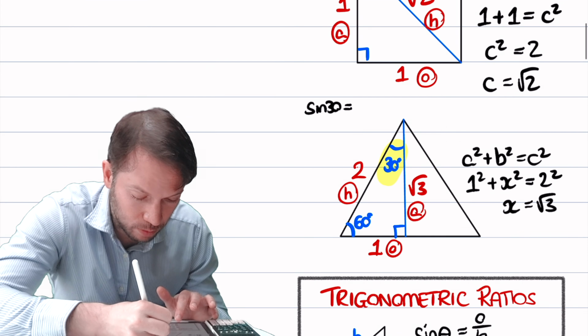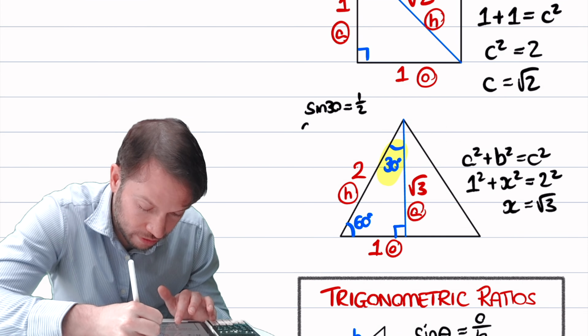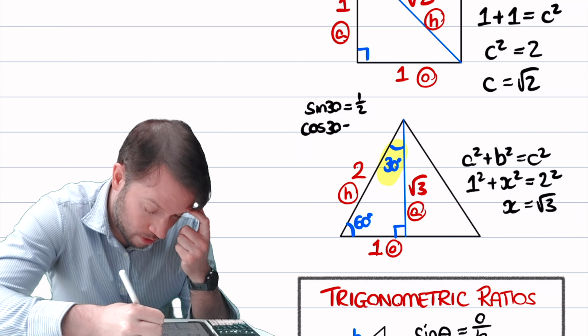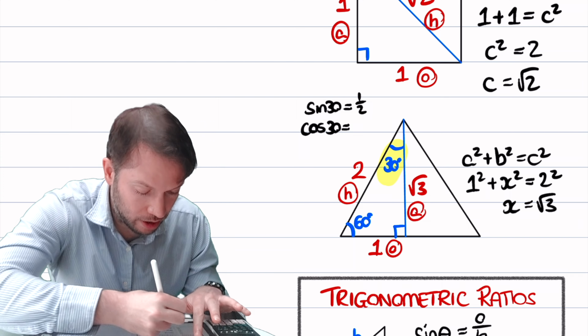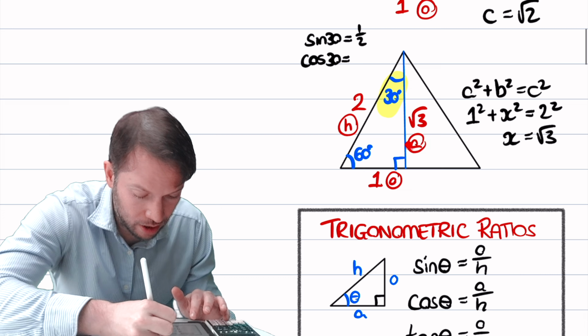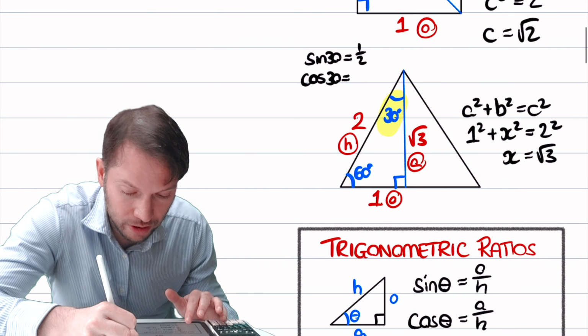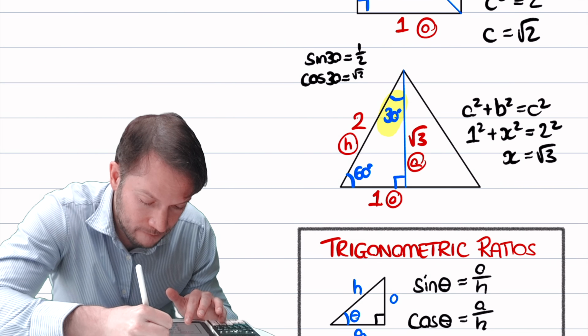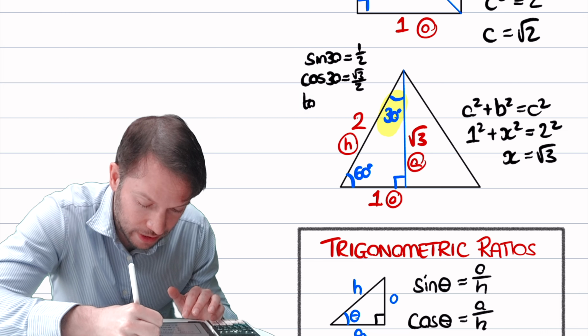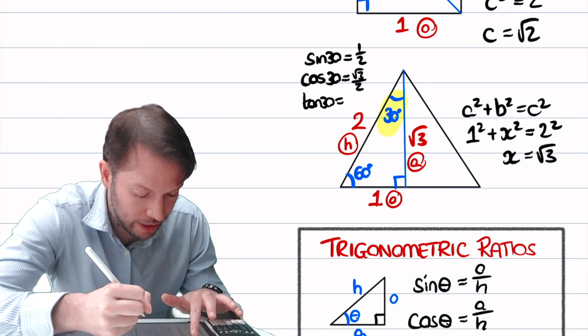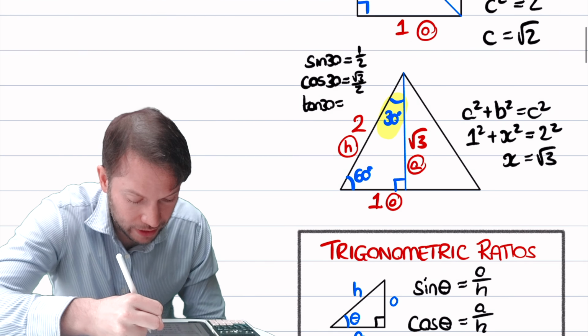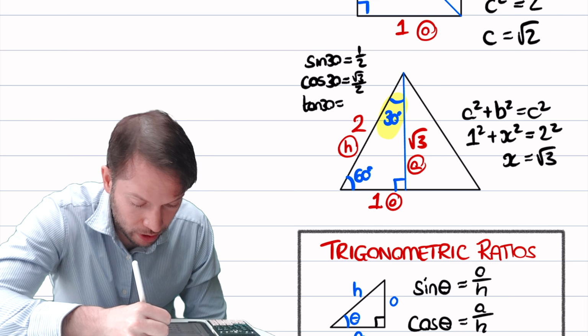So sine of 30 is 1 over 2. Cos of 30 would be A over H, which is root 3 over 2. And finally, tan of 30 is O over A from this table. O over A is 1 over root 3.